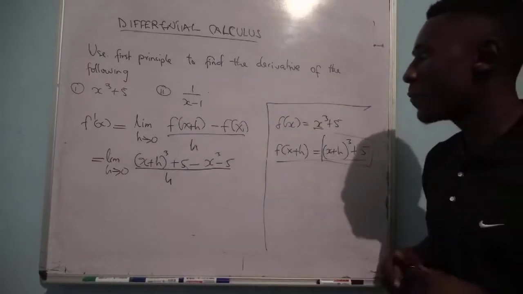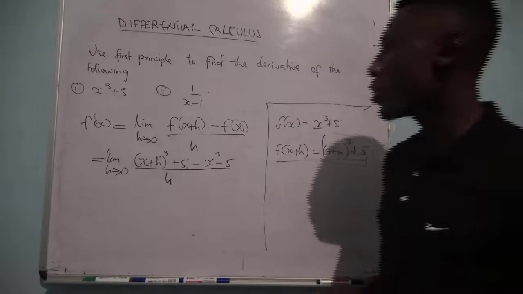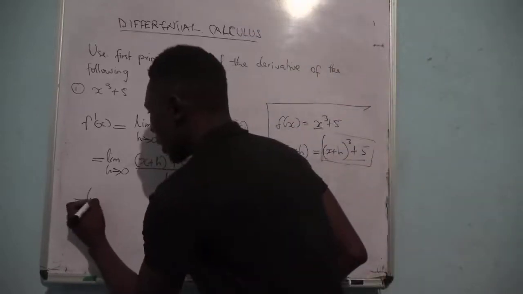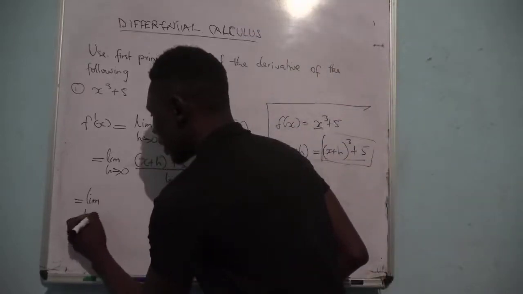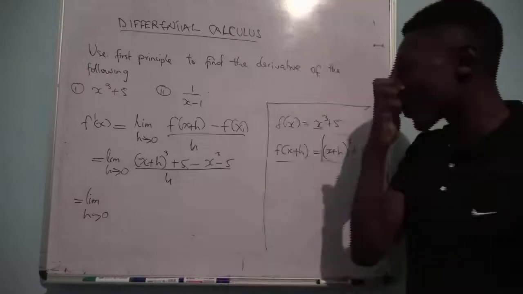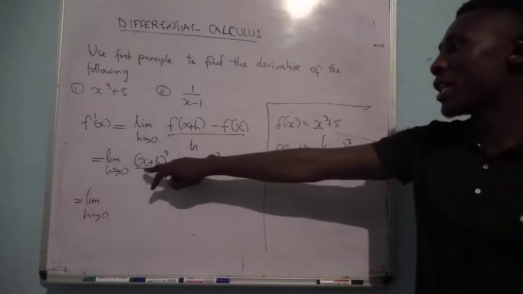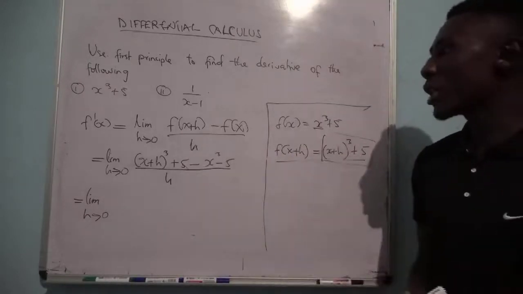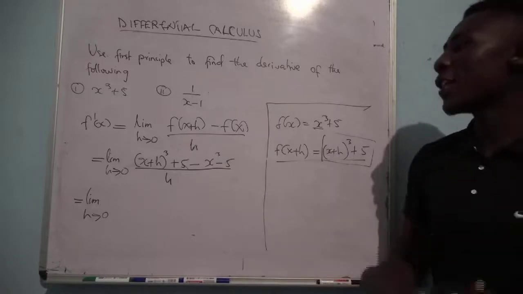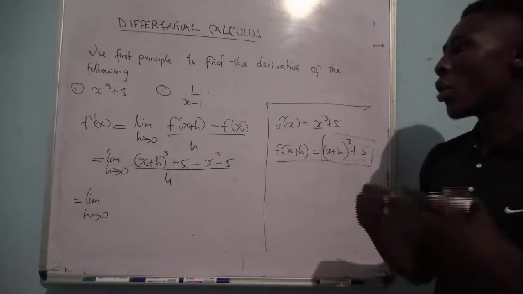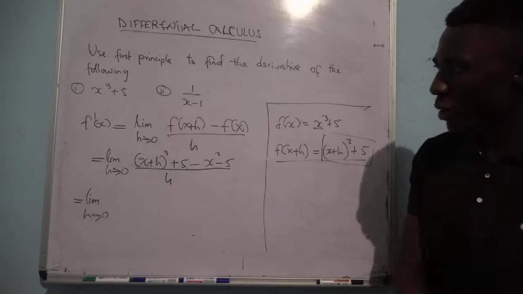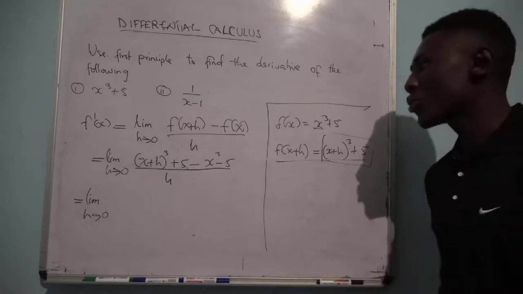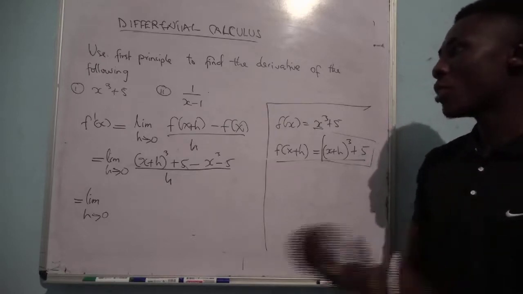After this is done, we have the limit as h approaches 0. We are then going to expand x plus h, outside the brackets, to the power of 3 using the binomial theorem. Here you can use the binomial theorem, you can use Pascal's triangle, or you can just use the algebraic method.